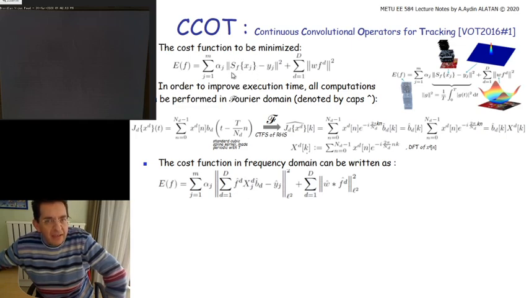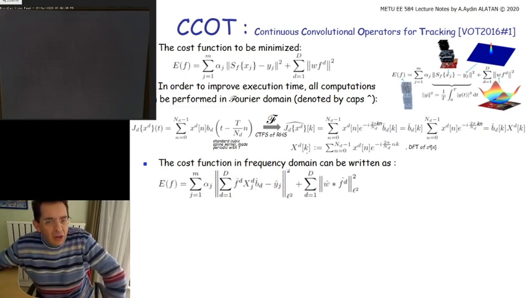Therefore this has some periodic convolution inside, and I will have these two terms, B, D, X, T, which are in the frequency domain. Now I just multiply by the Fourier series coefficients of this periodic filter as well. These are all Fourier series coefficients.